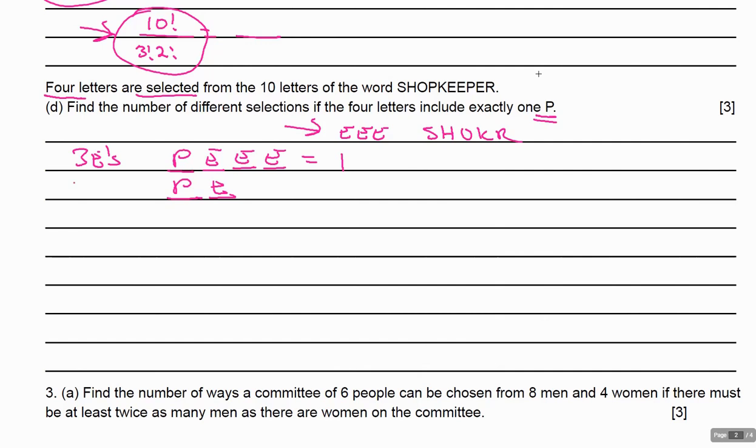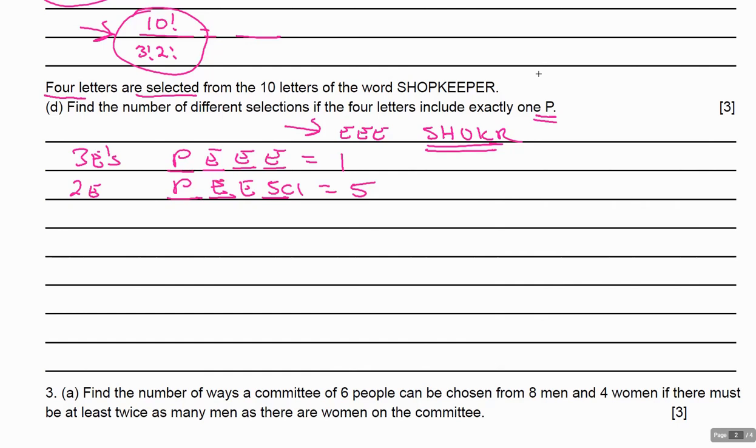Now what if there were just 2 of them? Now there's still a 4th letter, and what am I choosing from? Those 5 letters. So that's going to be 5 choose 1. Because really, these have to be set.